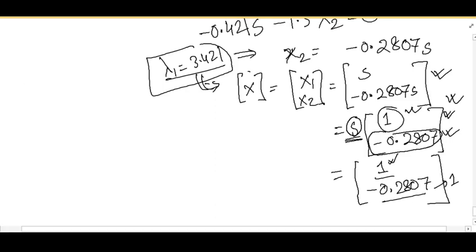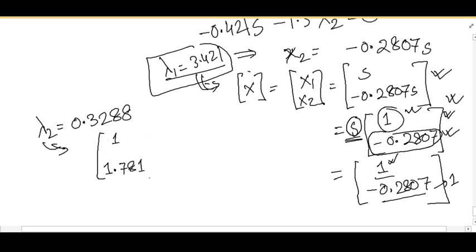And a similar thing for lambda 2, if you use lambda 2.3288, the corresponding eigenvector you will obtain will be 1 by 1.781. So this will be the eigenvector.